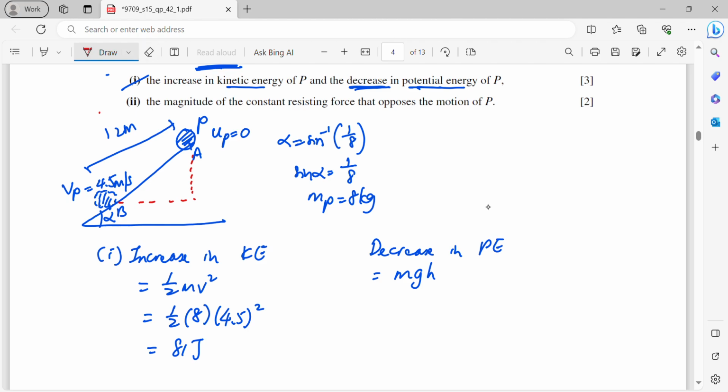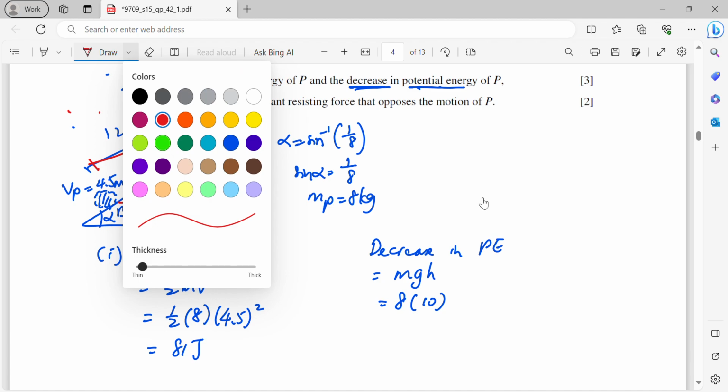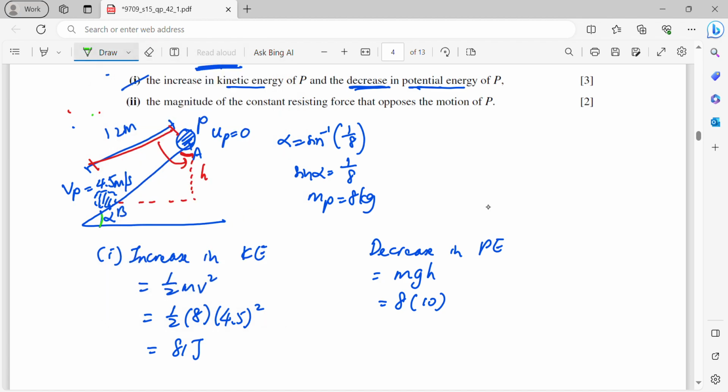Now from here, the m remains at 8, the g is 10. The h is basically the vertical height. This is h. So this h can be found by resolving this 12 meters vertically. Suppose to use this angle, but I'm using the alpha, because if here is alpha, that means here is also alpha.